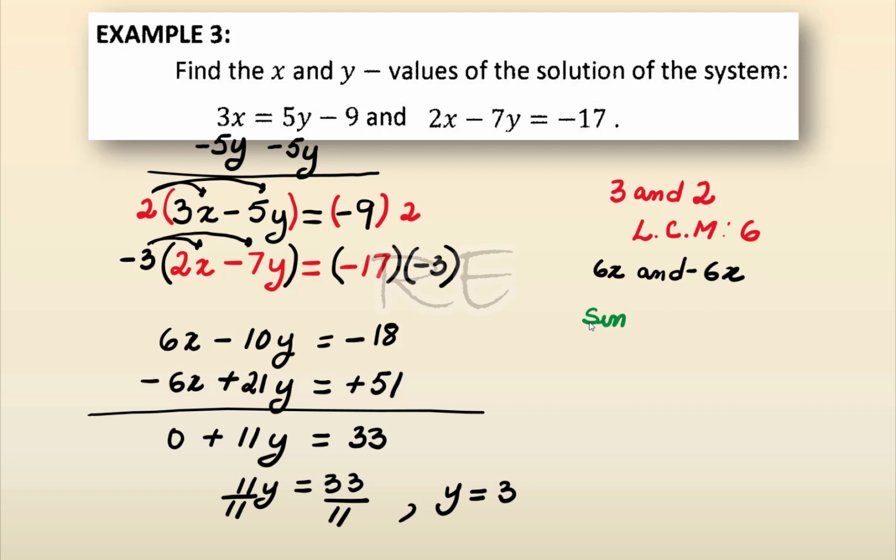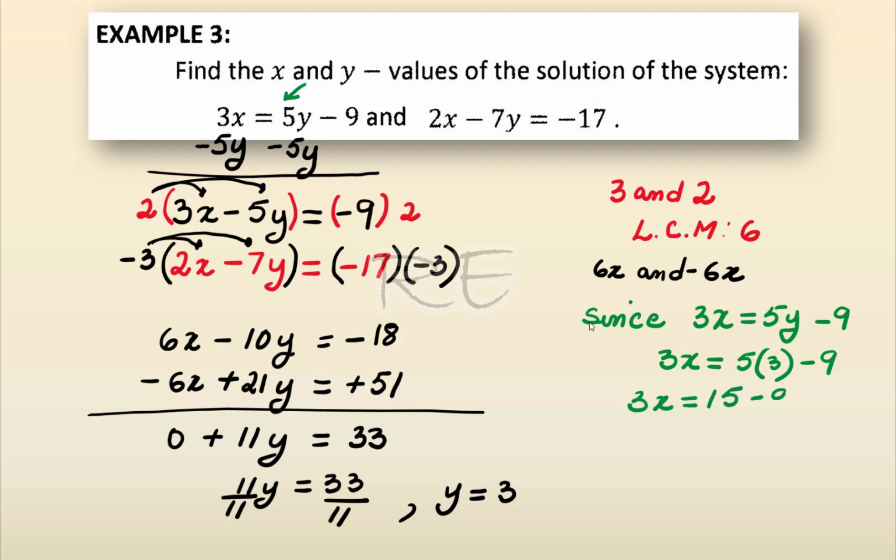We need to remember that 3x is equal to 5y minus 9. This is the first equation. And now we know that y is 3. We're going to substitute. 3x is equal to 5 times 3 minus 9. 3x is equal to 15 minus 9.